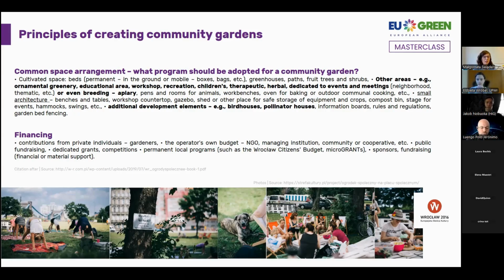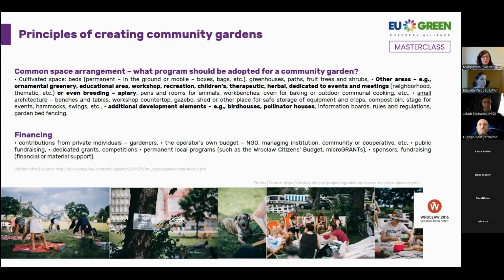Also, it is of course connected with financing. So the budget has a high impact on the development of this area. In this regard, we could have some private funds from the people using this space. We had such an example in Wrocław where people creating a community garden in the city center were also contributing financially to be a part of this area.